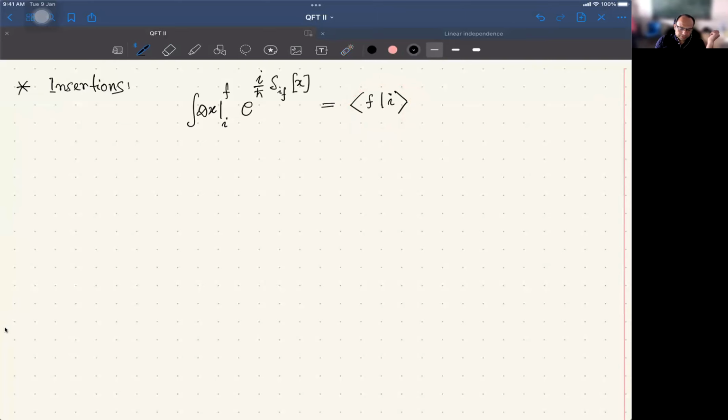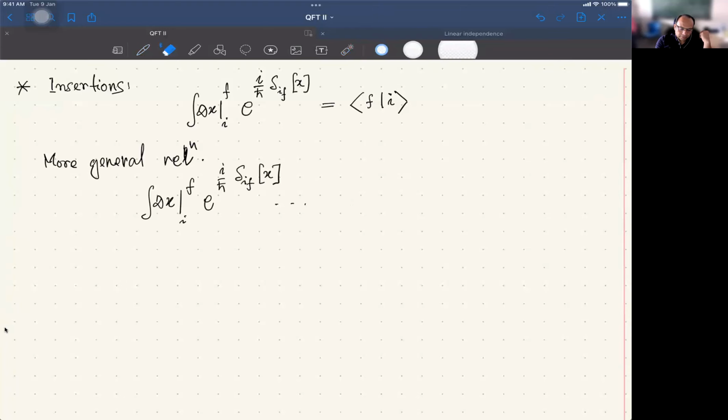Now a more general relation would be of this sort: ∫Dx from i to f of e^{(i/ħ) S_{if}[x]} with some insertions, and correspondingly on the other side ⟨f| some insertions |i⟩.